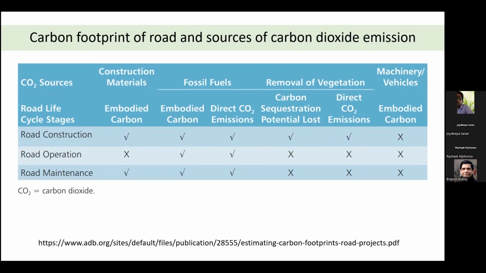Then removal of vegetation. One very beautiful thing in mother nature is the greenery, which is balancing our activity. Carbon dioxide's biggest sink is the ocean. We are going towards ocean acidification now. That's a different scenario associated with our greenhouse gas emissions.